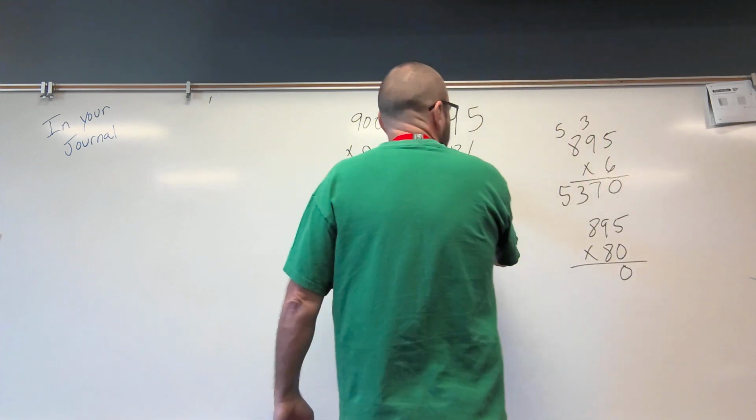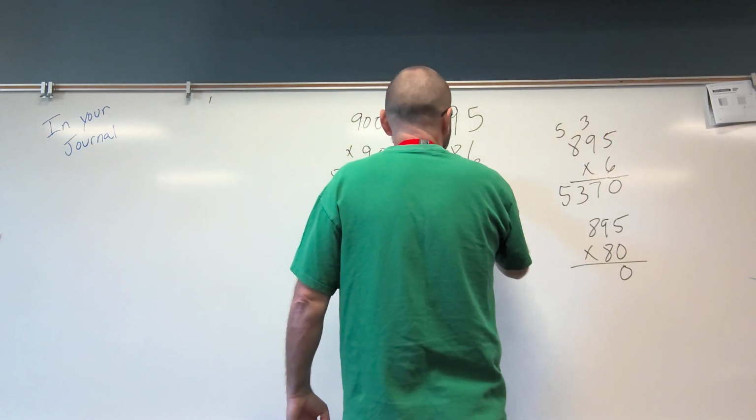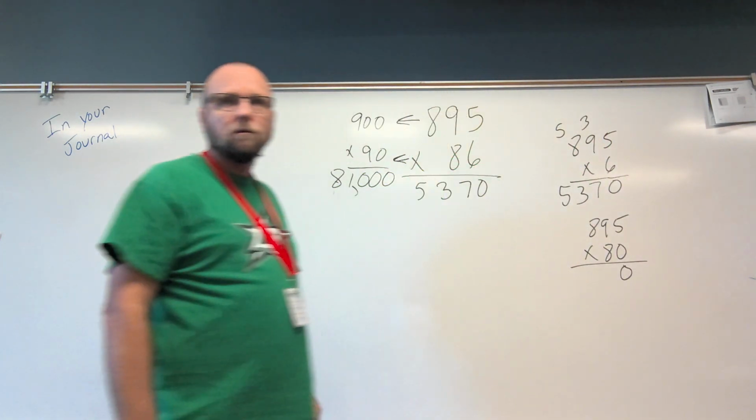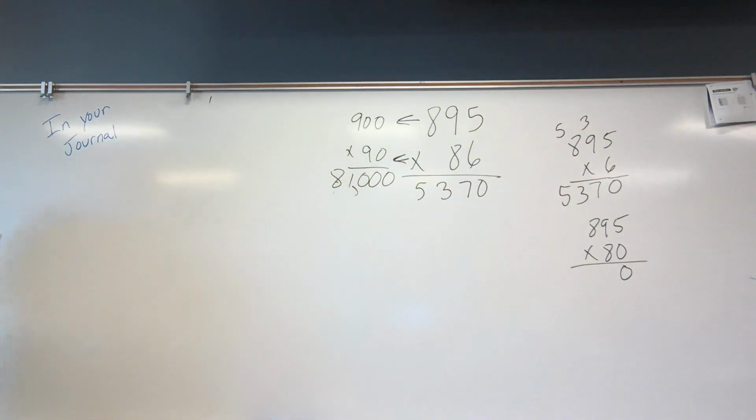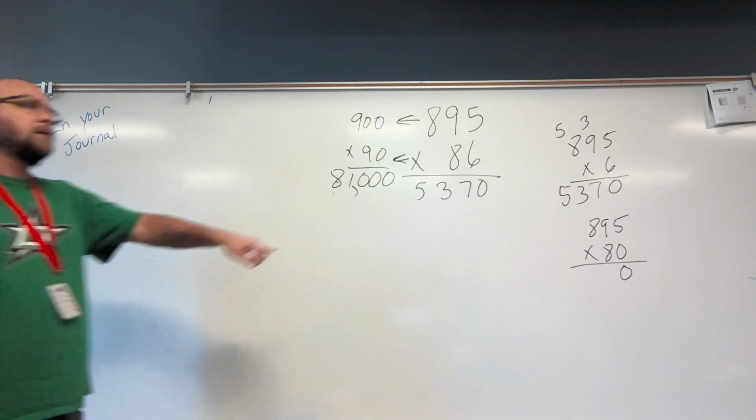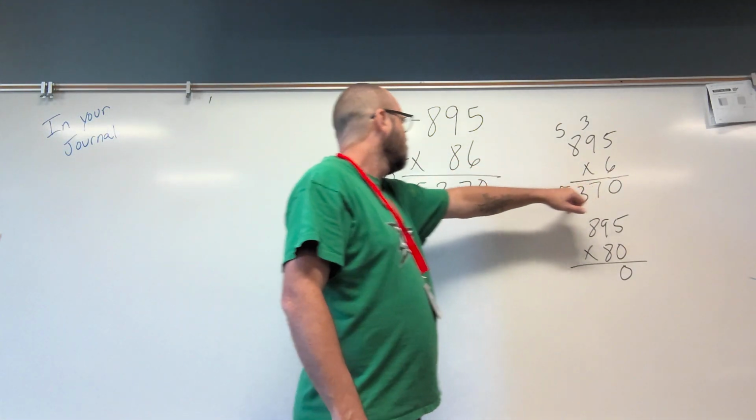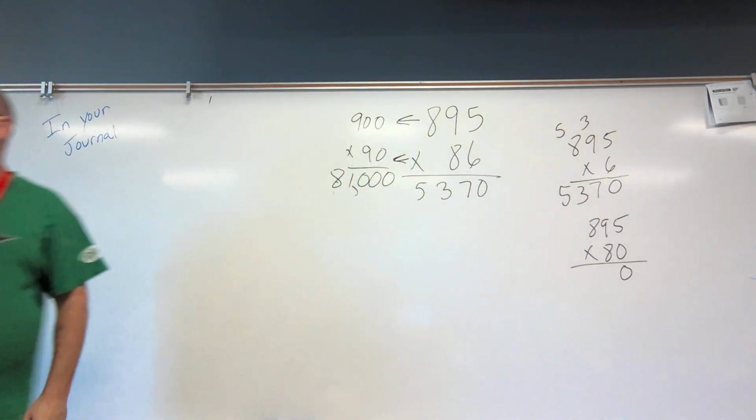So when I multiply here, I should get 5,370. Your first row, your first product, when you multiplied 895 by 6, you should get 5,370.